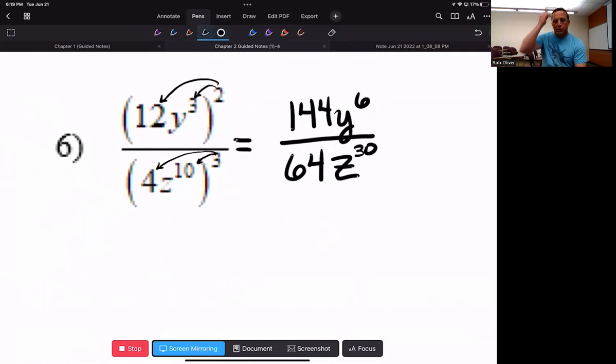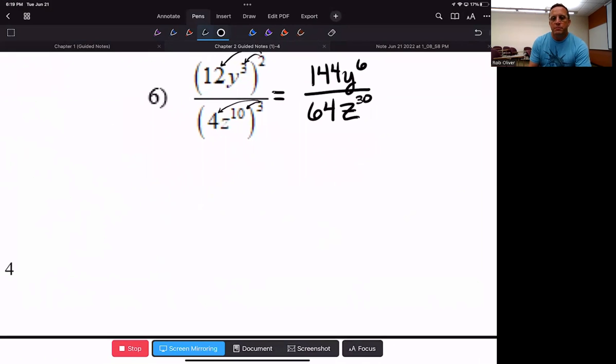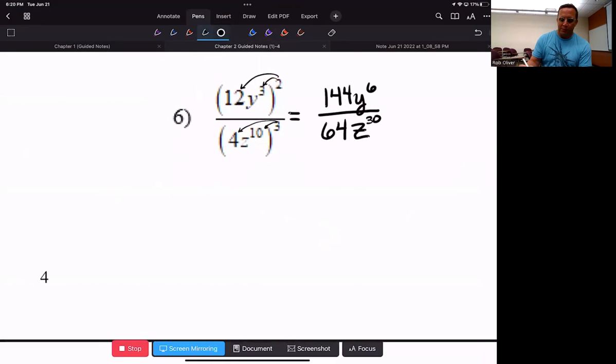And now we can reduce. You might not off the top of your head know what the GCF is of 144 and 64. But if you do, great. I'm just going to do this the normal, typical way that an algebra student might do it, which is I'm just going to keep dividing by 2.